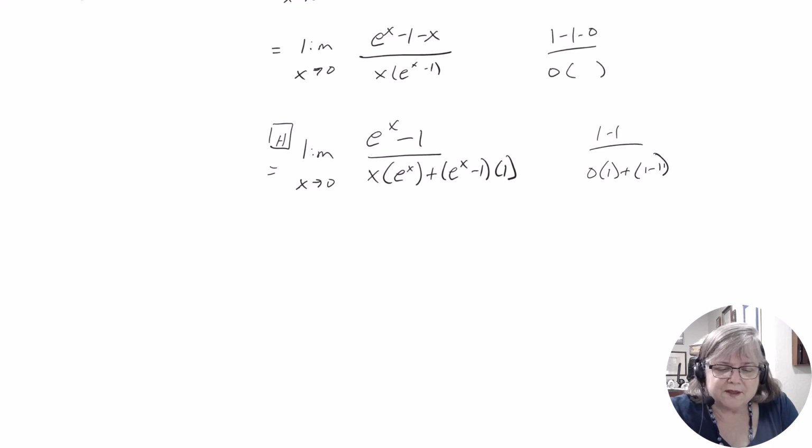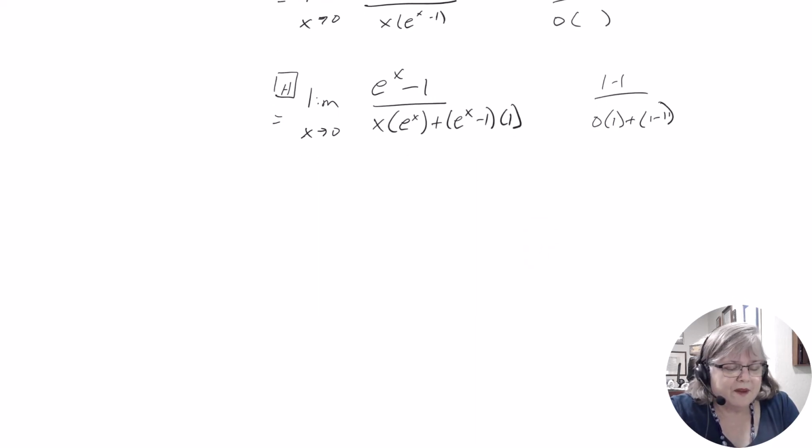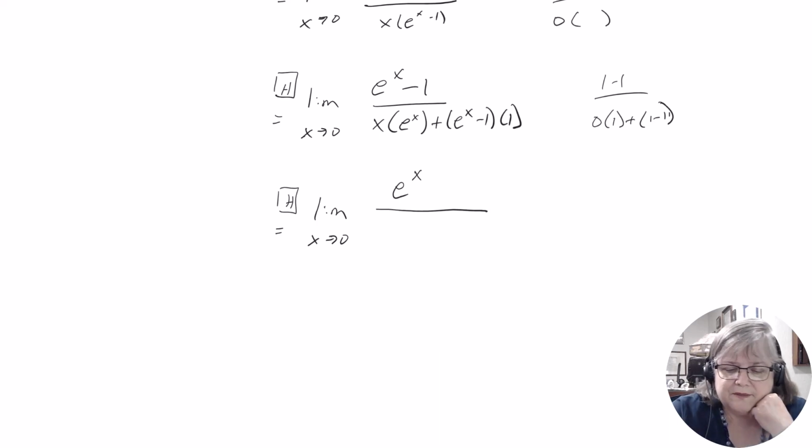Okay, so this is going to still be 0 over 0. So here we go again. The derivative of e to the x is e to the x. This, again, is the product. Actually, you know what?